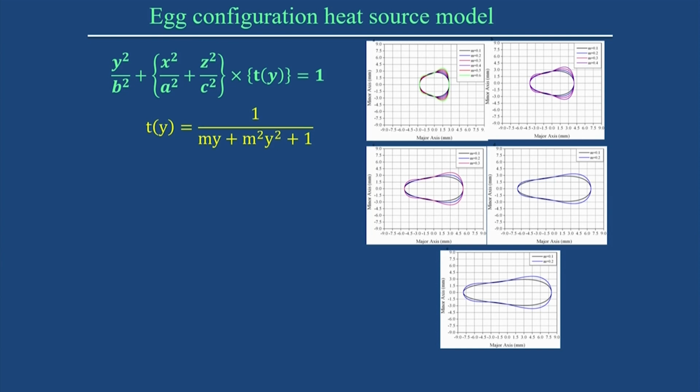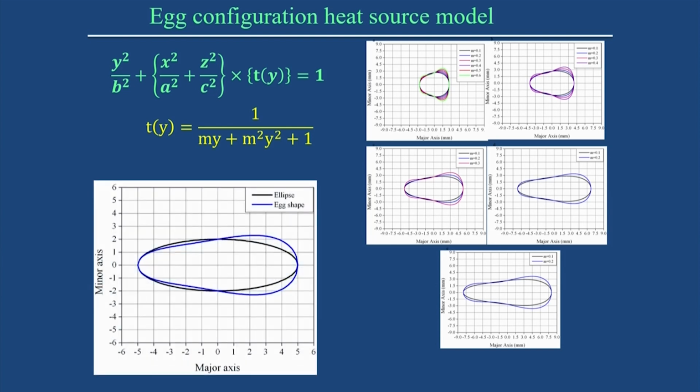We need to optimize what the typical value of m may be, such that we can use this geometric shape for the weld pool simulation. In this case, if T(y) equals 1, it is simply the equation of an ellipsoid, so it becomes equivalent to the ellipsoidal heat source model.